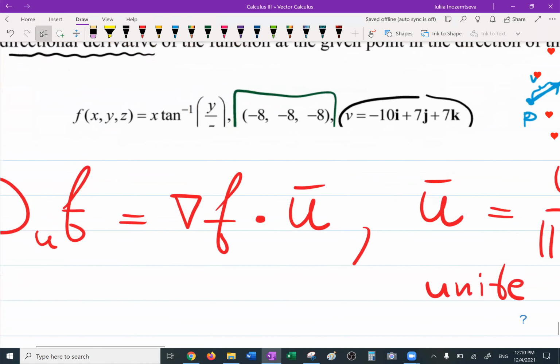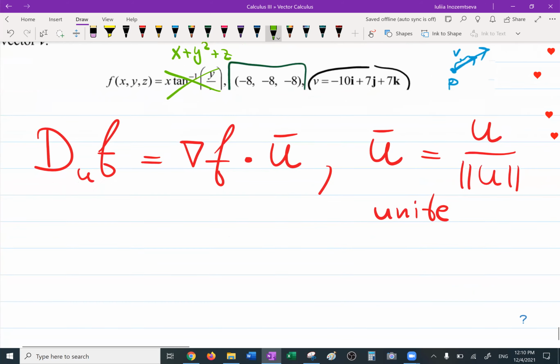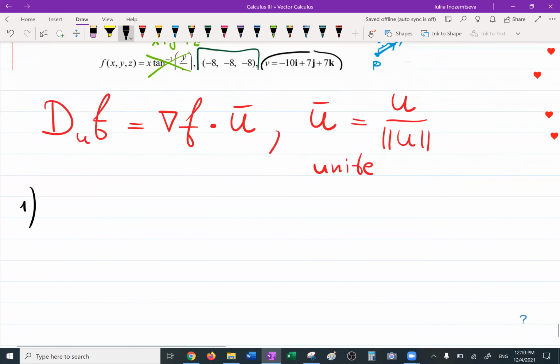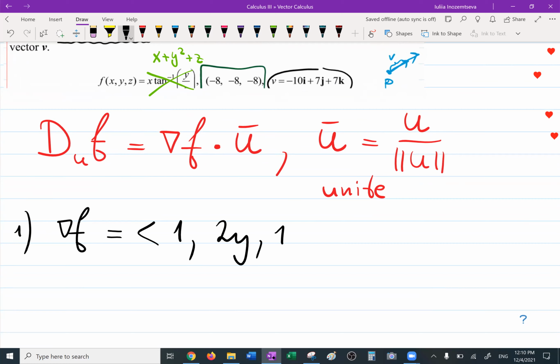Let's change the stupid function into something easier, like x plus y squared plus z, right? That's just easy. So step one is, let's find the gradient. To find the gradient, you find each derivative. I would write it down right away: derivative with respect to x is 1, with respect to y, 1.